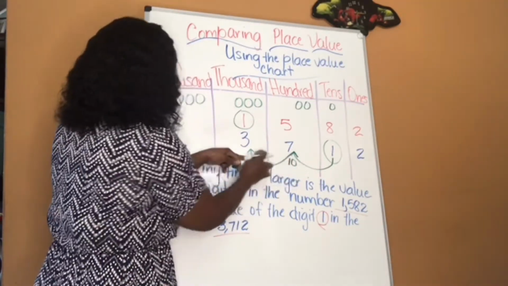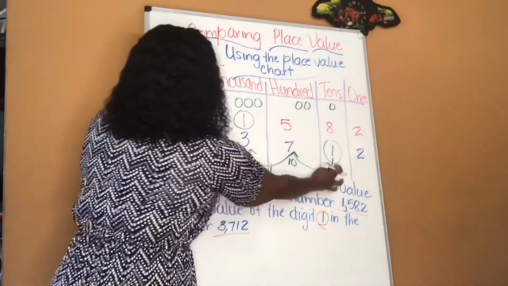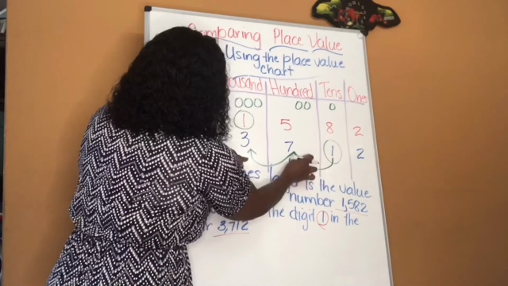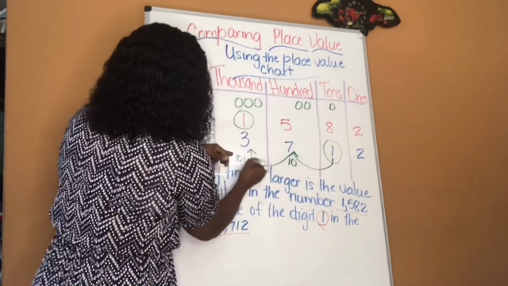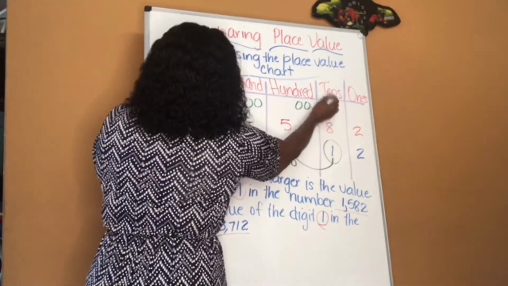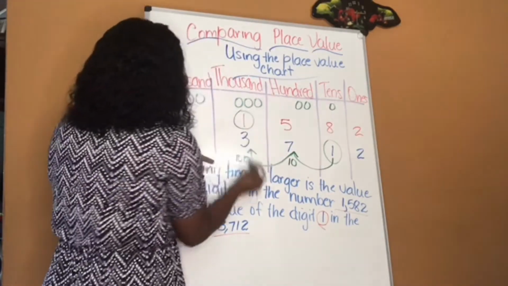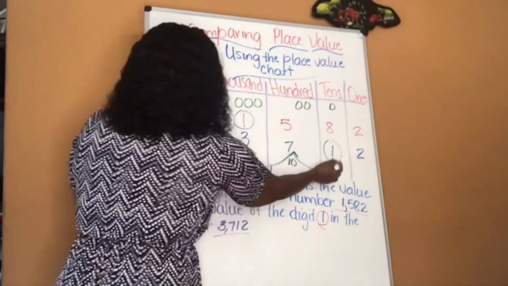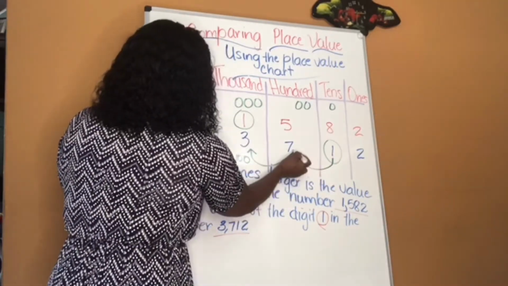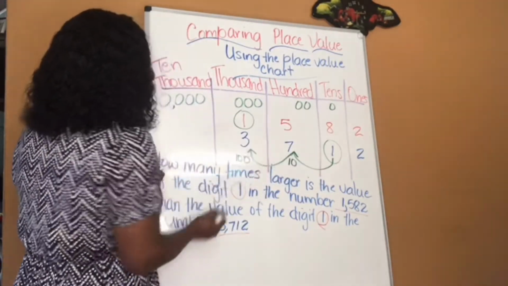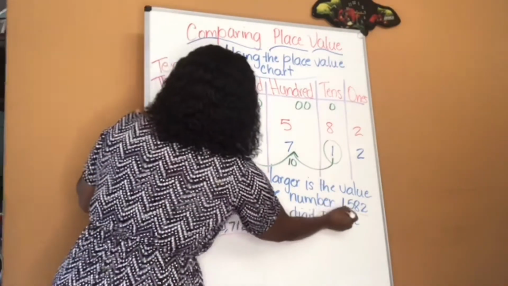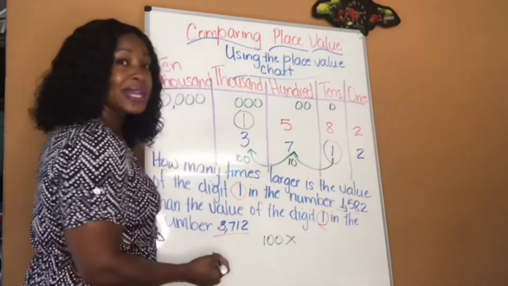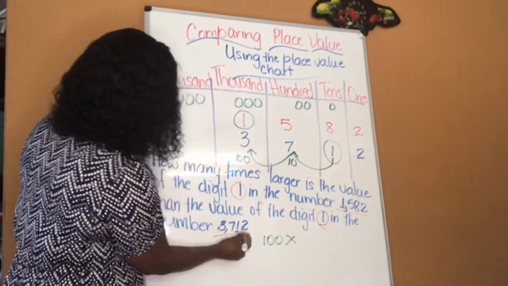So 10, then 100: tens, then hundreds, then thousands. We're counting using our powers of ten. It simply means this one is 100 times greater than this one.